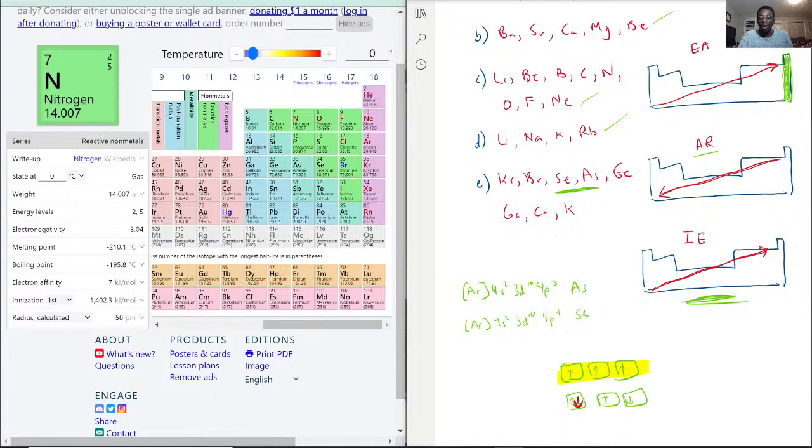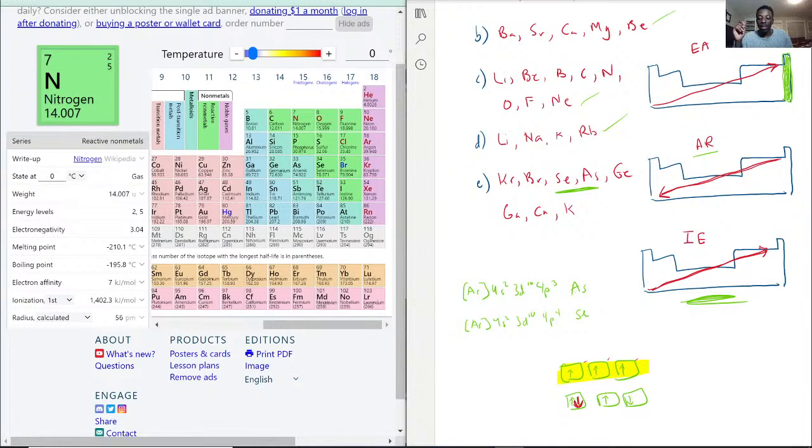But arsenic has done a good job of stabilizing each of its subshells with at least 1 electron, meaning it's going to be quite hard to convince arsenic to get rid of that electron. So that is why the ionization energy is going to be high there as well.